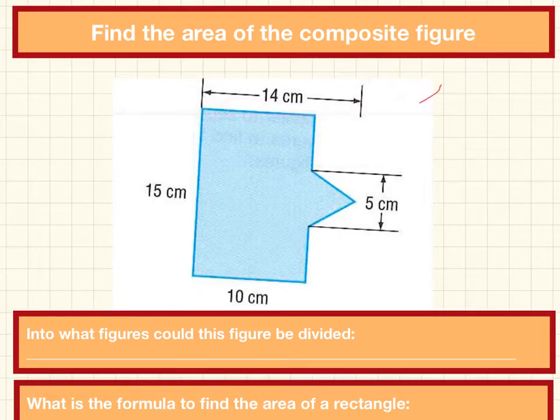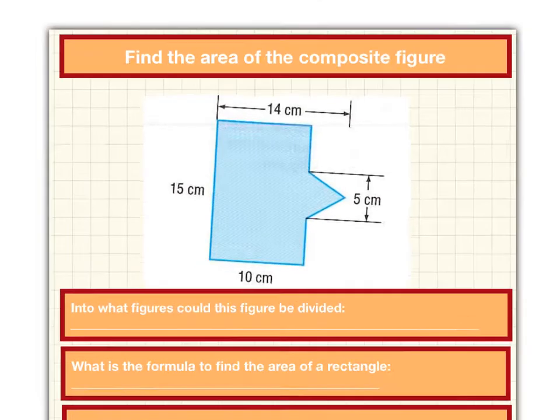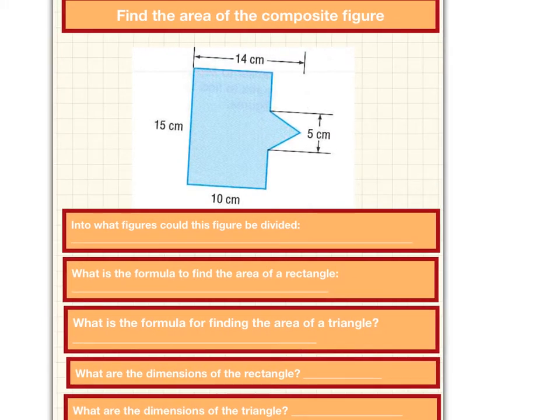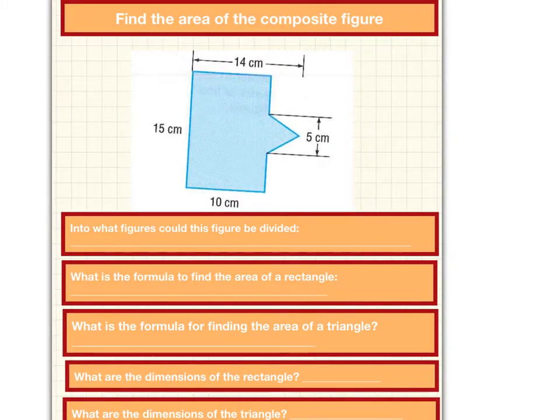Okay, let's find the area of this composite figure. We've got a shape here, and it looks to me like it is formed by a couple of different figures. So into what two figures could you divide this shape? Hopefully you see that you could divide this into a rectangle and a triangle.